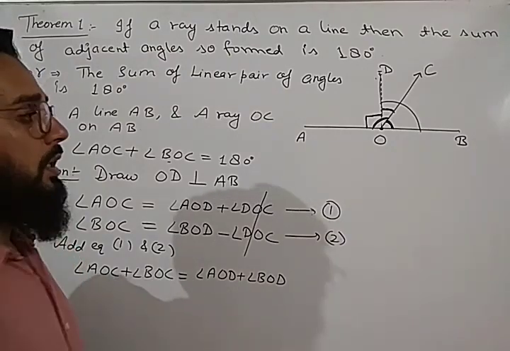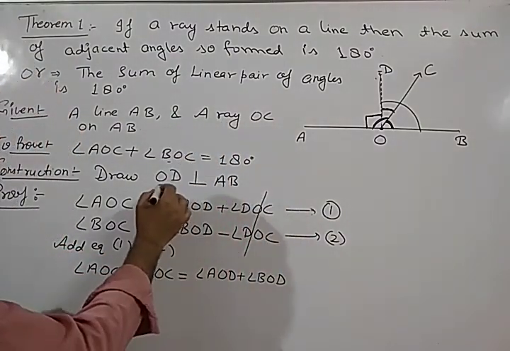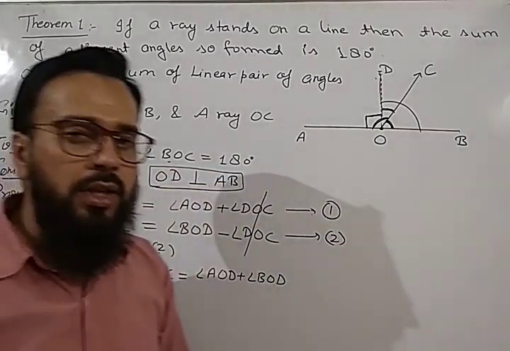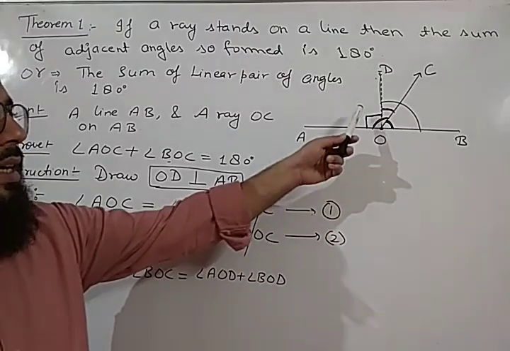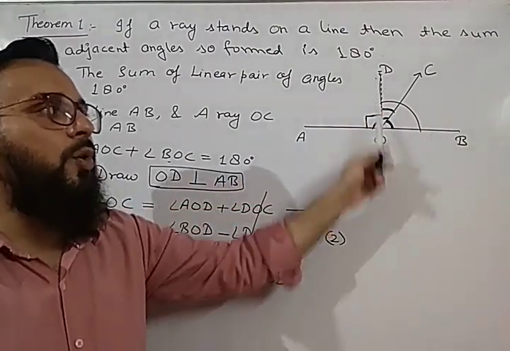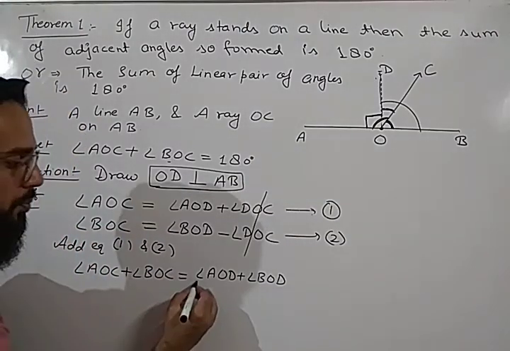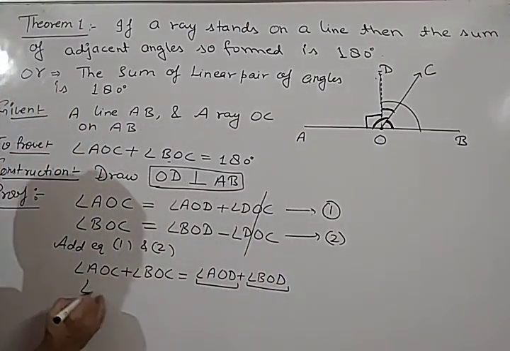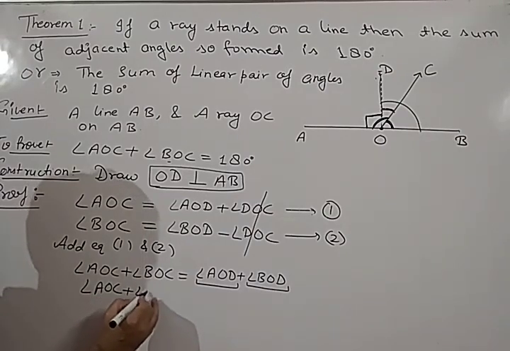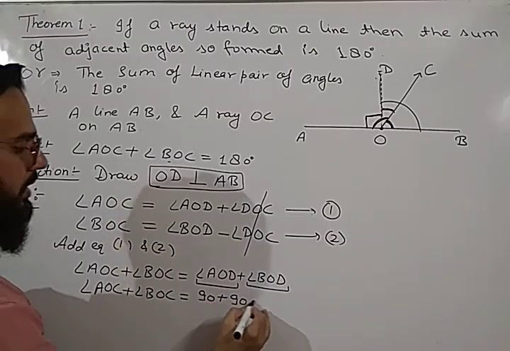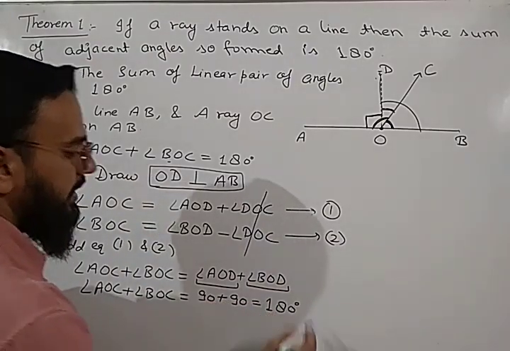And since we have drawn OD perpendicular to AB, what is the angle of a perpendicular? It is 90 degrees. It means angle AOD will be 90, and angle BOD will also be 90. So if we put the value here, we get angle AOC plus angle BOC is equal to 90 plus 90, which is equal to 180 degrees.